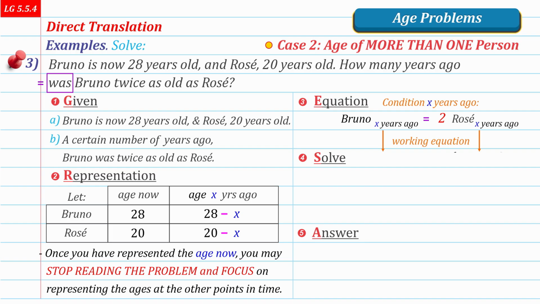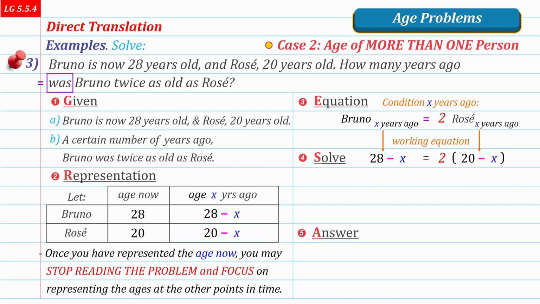So we substitute their ages X years ago. Representing Bruno's age X years ago was 28 minus X, substitute it here. And then copy the equal sign, 2 times representing the age of Rosé X years ago, represented by 20 minus X. This is now our working equation.